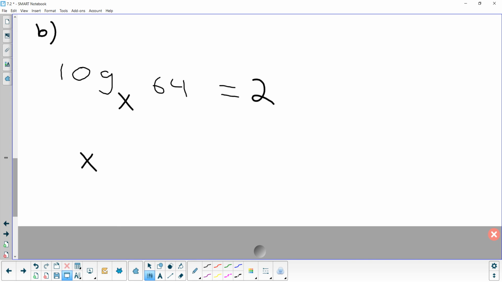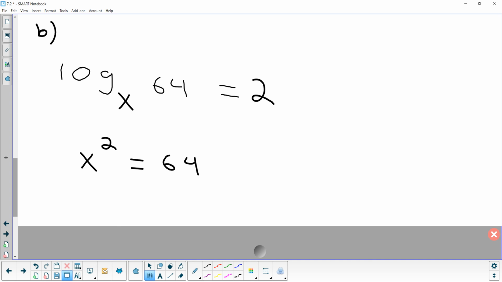Mateo, how about my exponent? 2. Logarithm always equals the exponent. 2 equals, and the 64 is my argument. It's what I'm taking the logarithm of. And where does the 64 end up? It ends up all by itself.